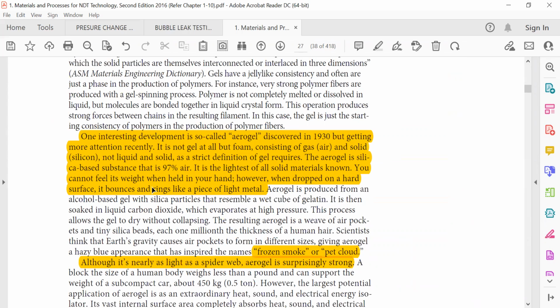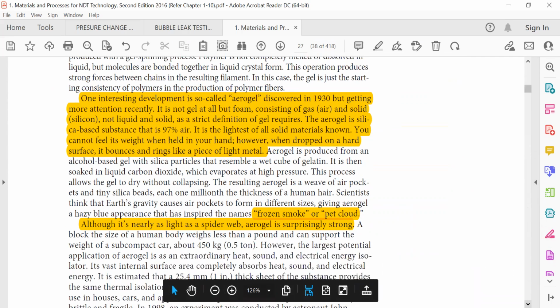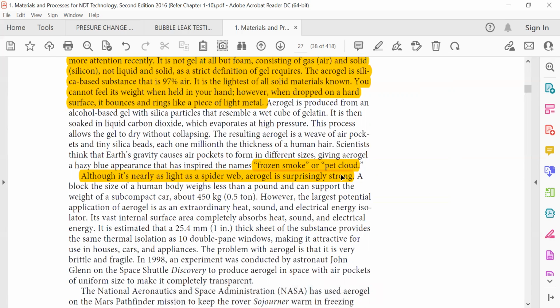You cannot feel the weight when it is held in your hand. However, when dropped on a hard surface, it bounces and rings like a piece of light metal. It is called frozen smoke or blue cloud. Although it is nearly as light as a spider web, aerogel is surprisingly strong.